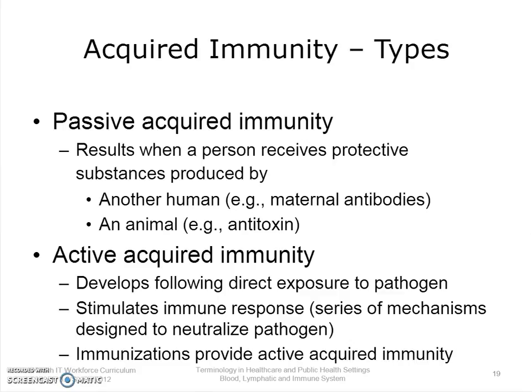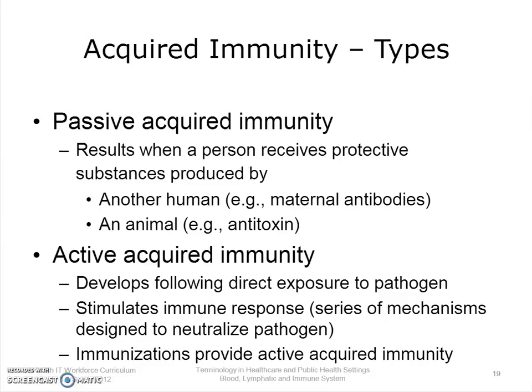One example of passive acquired immunity would include disease resistance obtained by an infant who is fed with breast milk. In contrast, active acquired immunity develops following a direct exposure to a particular pathogen.